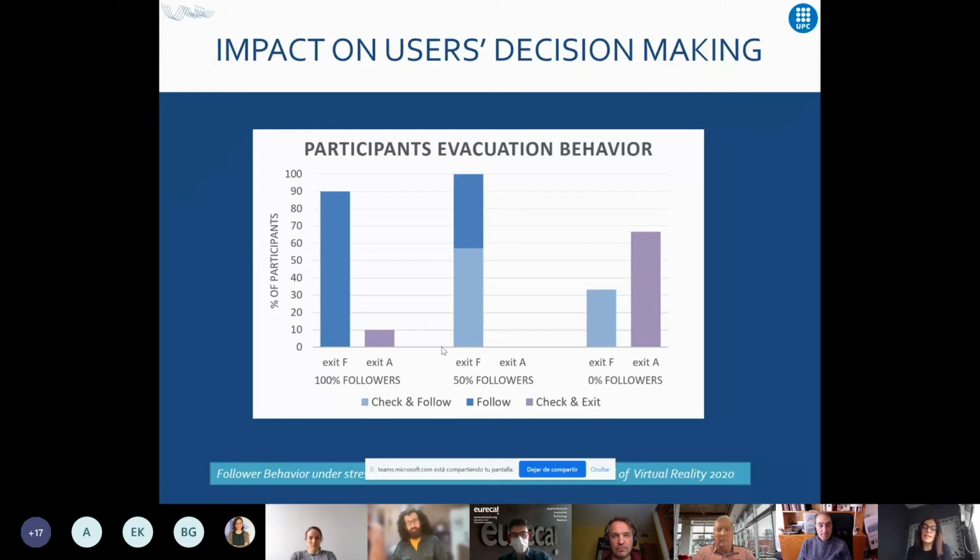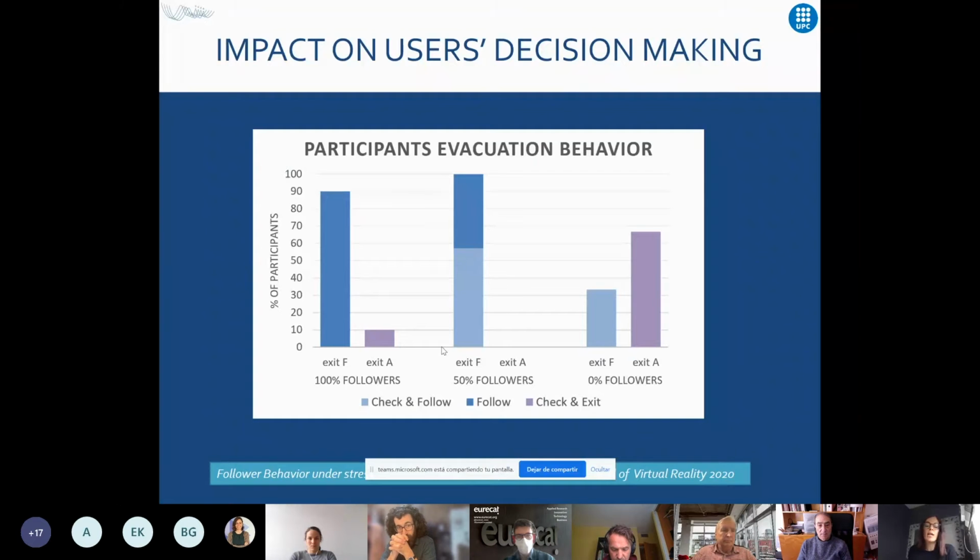When they got there and found those doors closed, they walked back and started following the virtual avatars that were running towards the exit. So even though they all follow, we start seeing some initiative of deciding on their own before following the crowd.